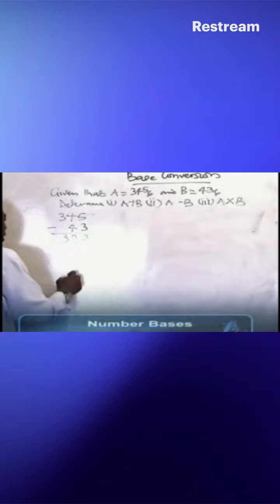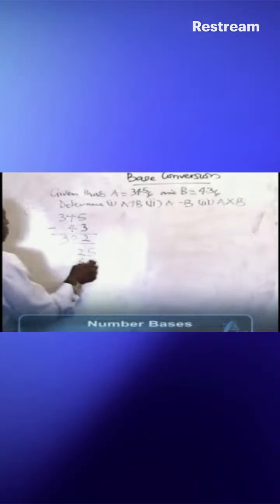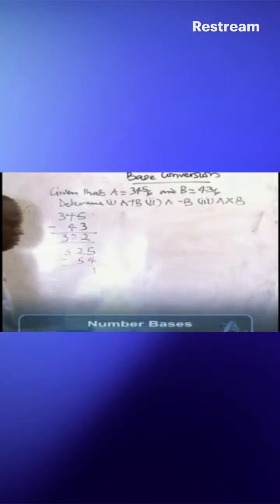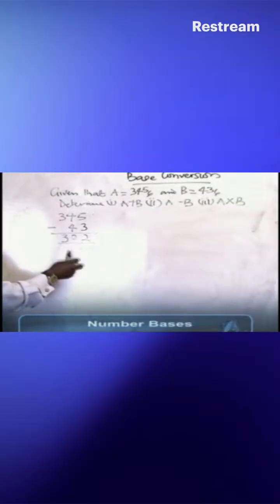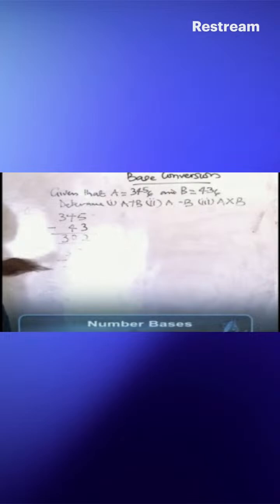If you borrow 1 from 3, the 1 you borrow is equal to the base you are working in. You are working in base 6, and so the 1 you borrow here is equal to 6, not equal to 10. The reason why, in the former operations, the borrowed 1 was equal to 10 is because you were working in base 10.